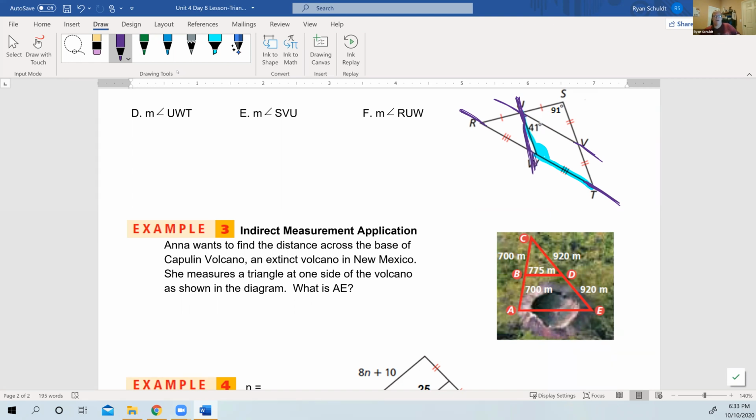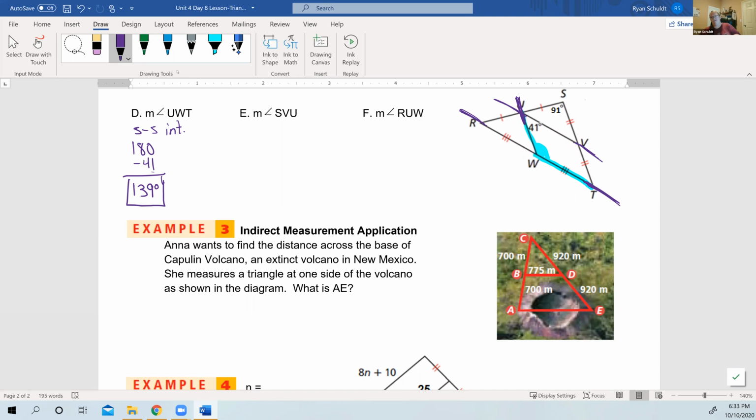It's going to be a same side interior angle. So if they're same side interior, I just subtract from 180. So 180 minus 41 is 139 degrees. That's the angle they want.